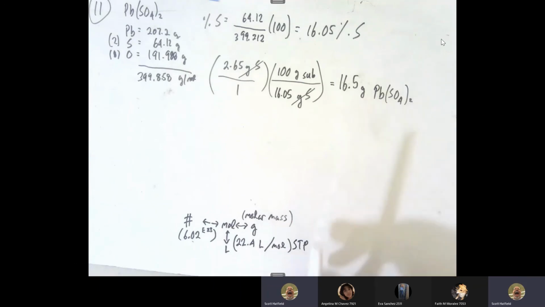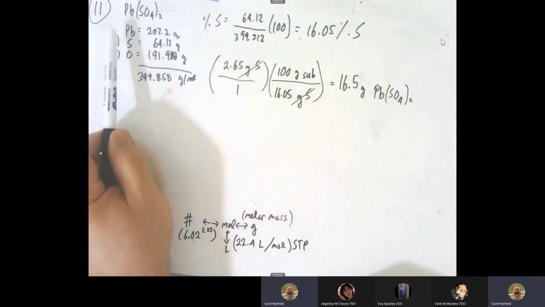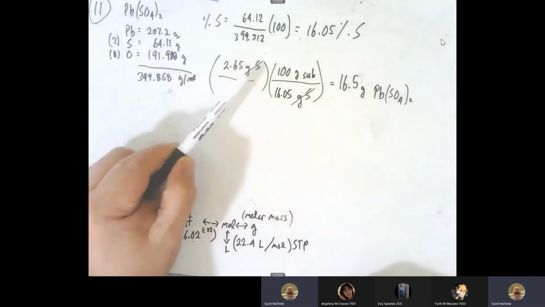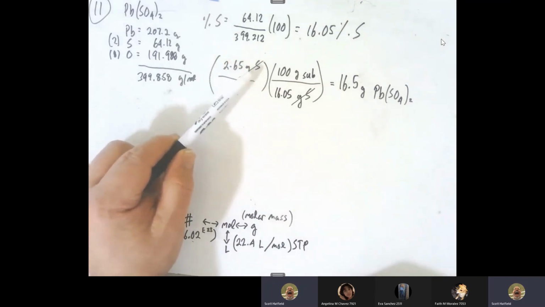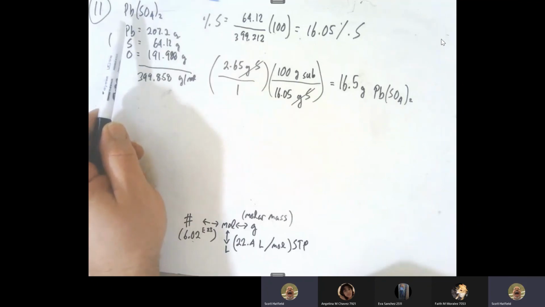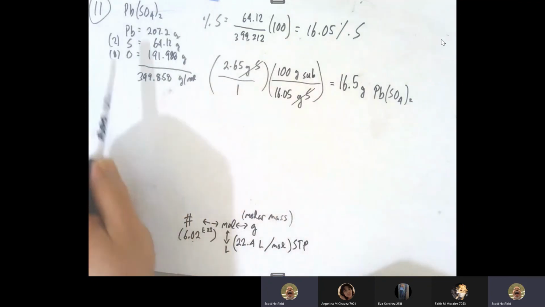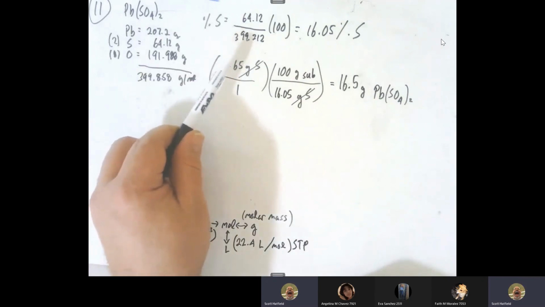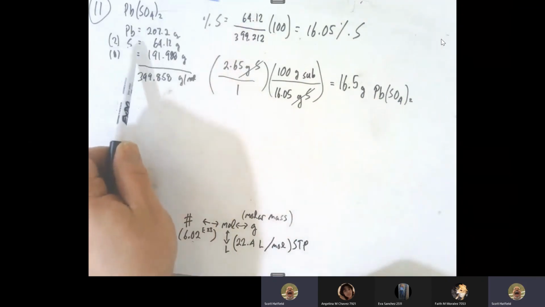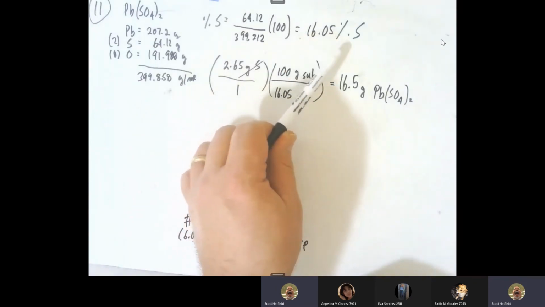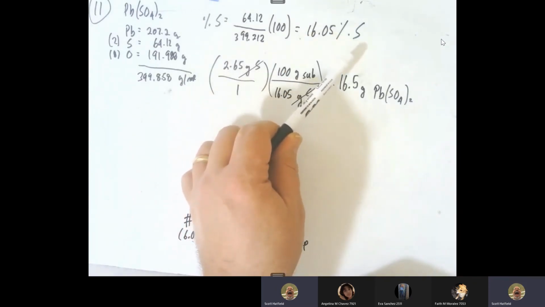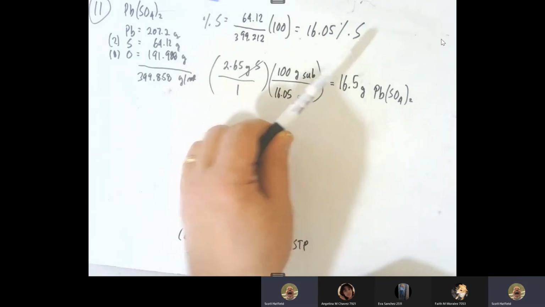Again, what were you asked to do? You were told that you had this compound, and you were told that you had 2.65 grams of sulfur, and you want to know the total mass of the compound. And so what did we do? We first got the molar mass of the whole compound. We used it to divide the percentage of the mass that's caused by the 2 sulfurs. We determined that 16.05% of the total mass has to be due to sulfur.